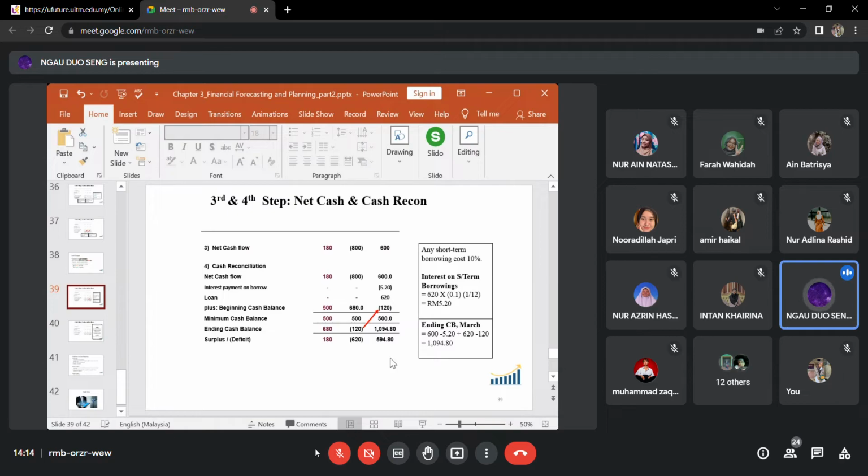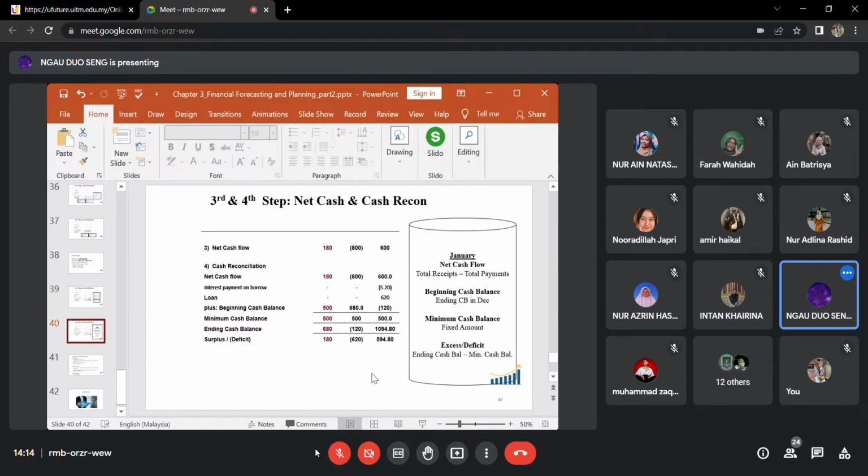Okay, 594.80. All right. So and then we have done the cash budget lah, cash reconciliation lah. All right. So far, any questions? So we have done lah yang ini.